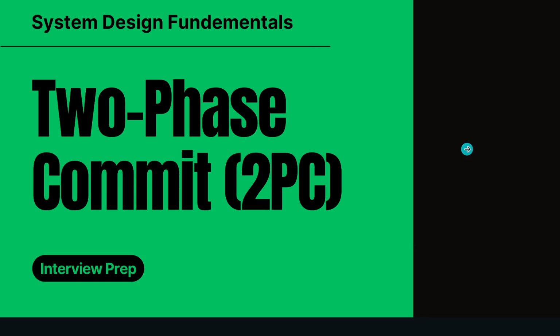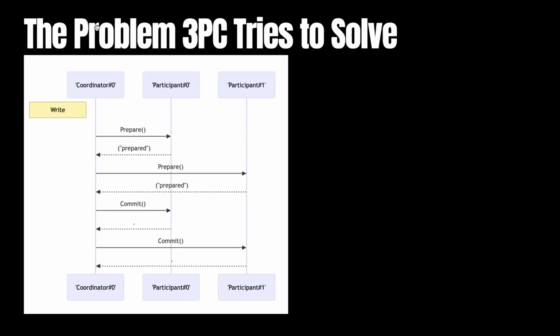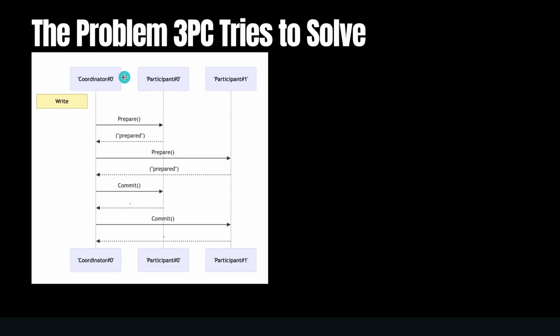Okay, so let's first try to understand the problem. As a quick recap, 2PC is a protocol for achieving atomic commitment across multiple distributed resources. It guarantees that all participants either commit or roll back a transaction. However, 2PC suffers from a critical weakness.